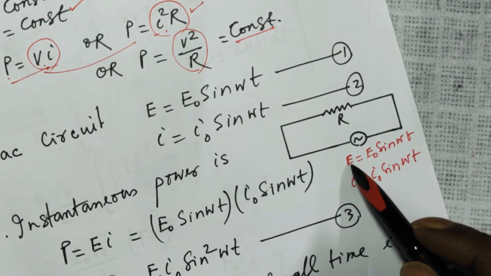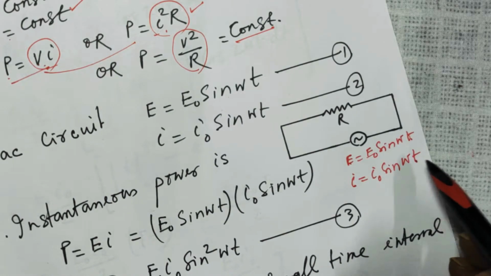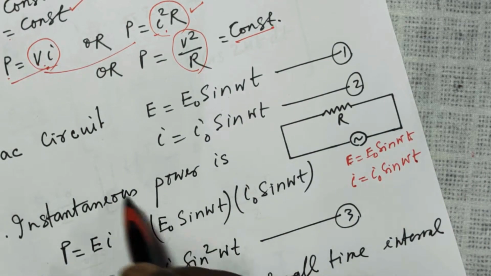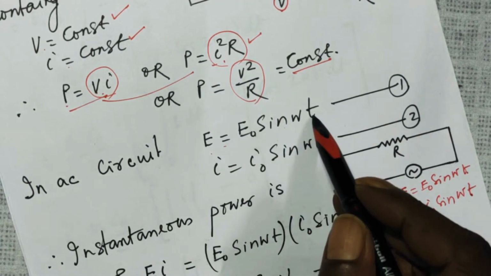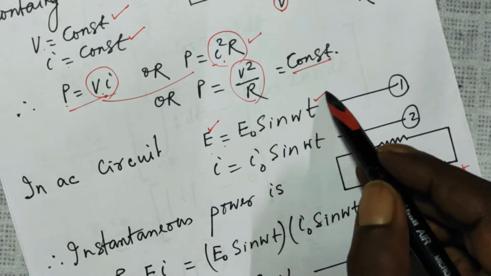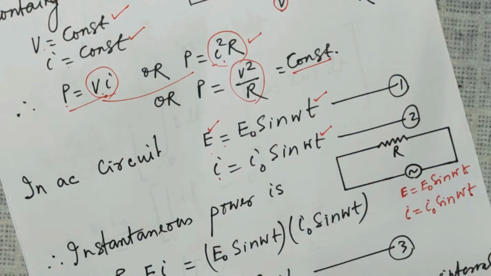Means this EMF is changing with time, this current is also changing with time, right? So in an AC circuit, EMF E naught sine omega t, this E is changing with time, this I is also changing with time.